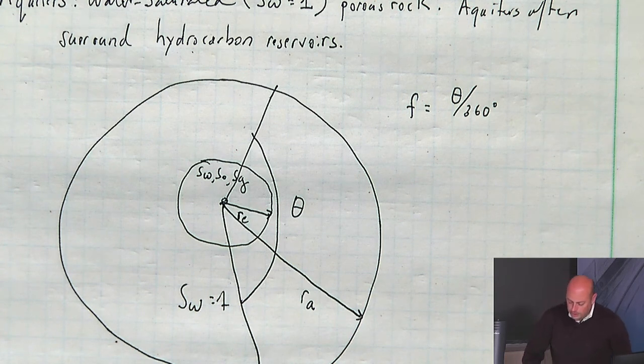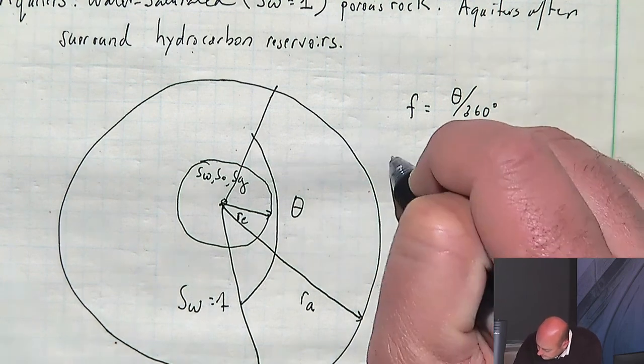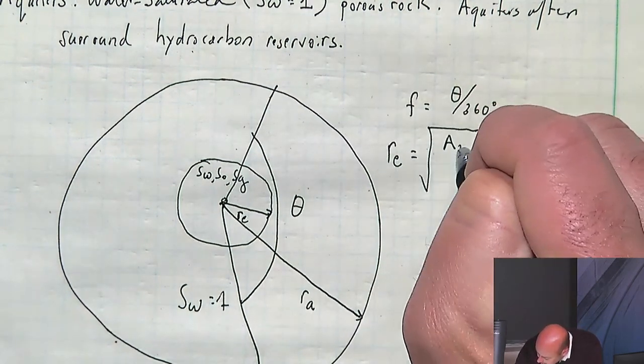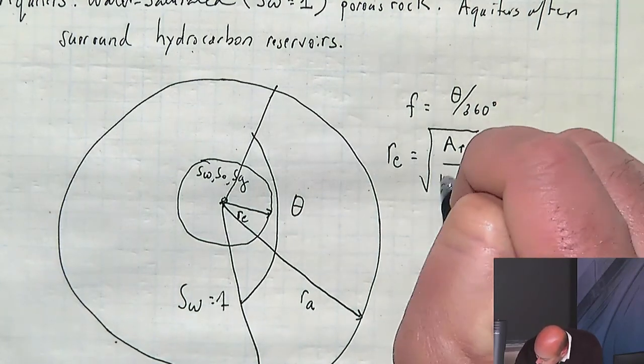Now, I mentioned that these reservoirs and aquifers are not perfect circles. That's okay. What we usually have is an area, and then we transform it to an effective circle or effective radius. So the effective radius of the reservoir is the square root of A_res divided by pi f.